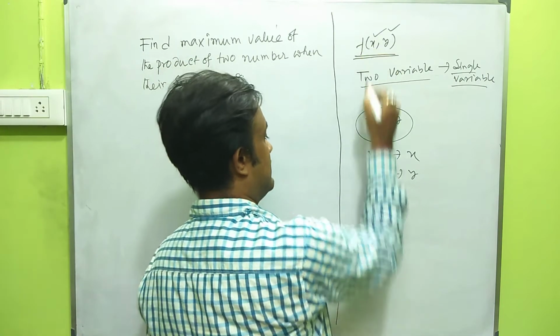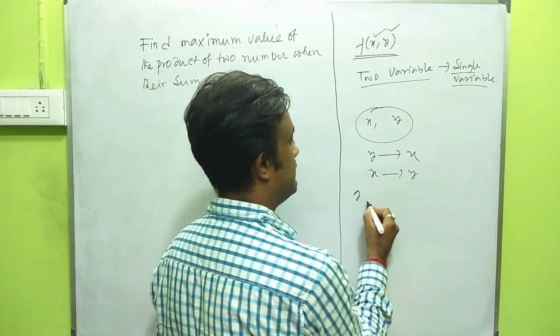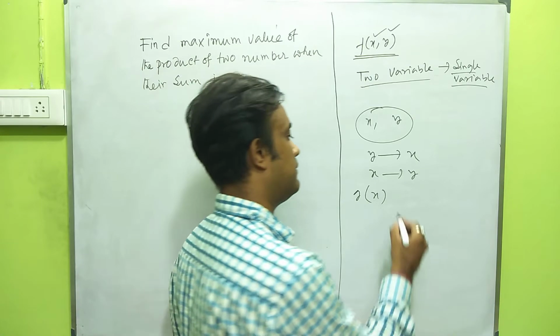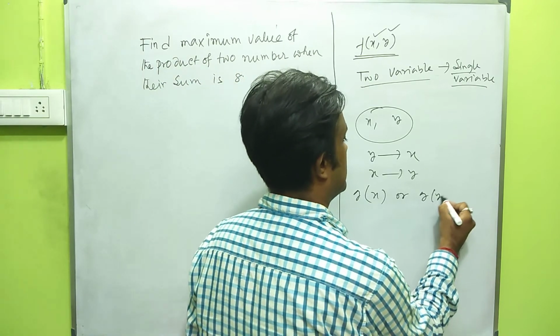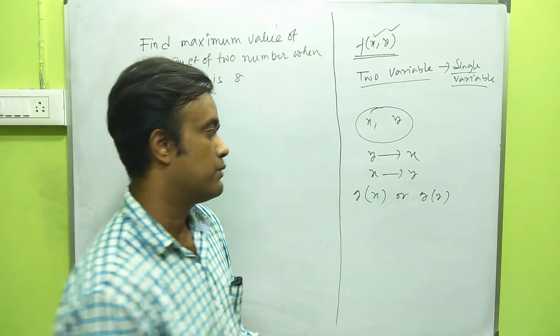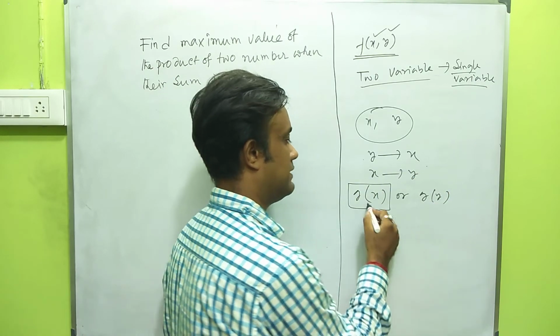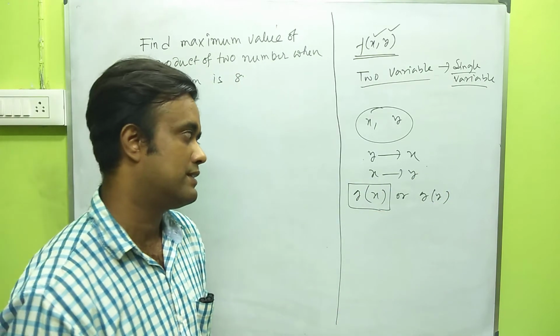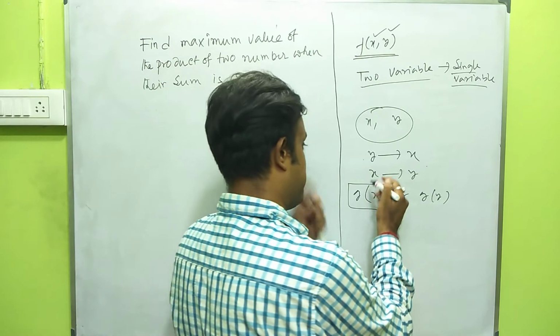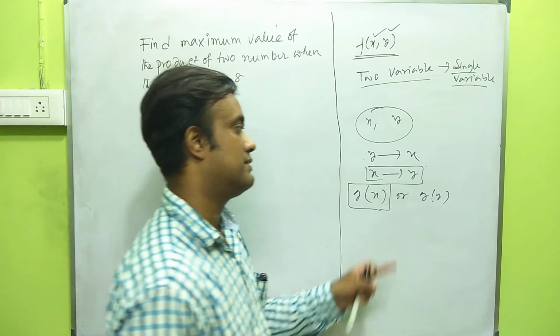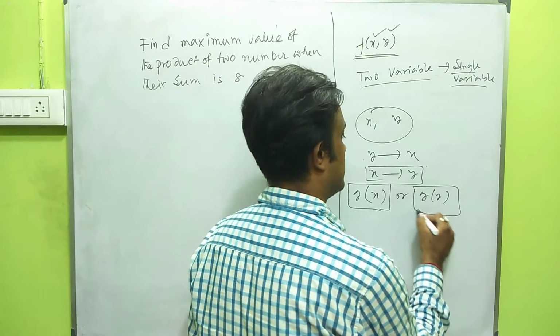Then this function f of x y will be some function of x or some function of y. If we make y into x, then the function will convert to some g of x, and if we make x into y with the help of this condition, the function will be g of y.